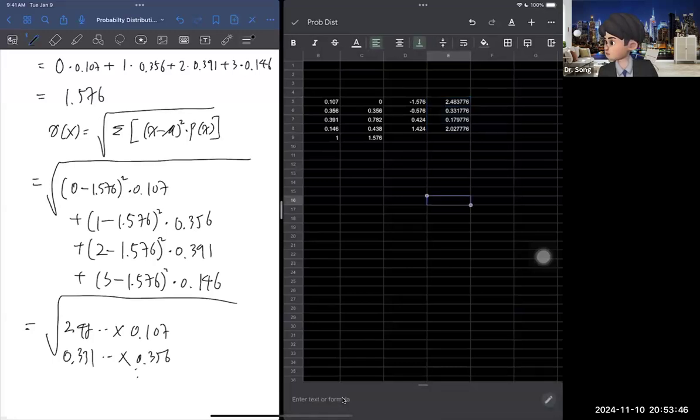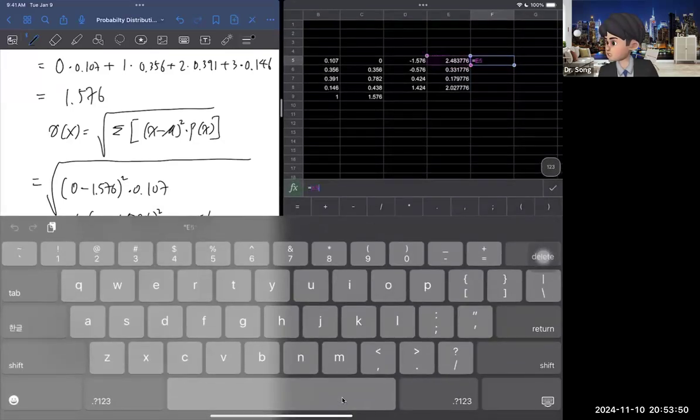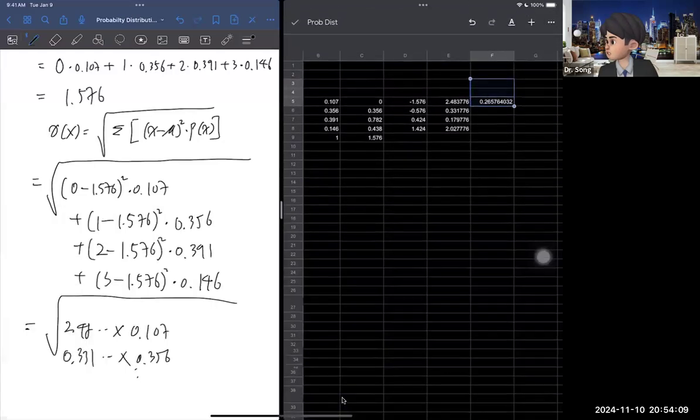Which means here, put the equals sign, this squared term times the probability, which is 0.107. So in my case, E5 cell times B5 cell. And then I want to calculate this, 0.331776 times the probability 0.356. So what I need to do is the same as before.